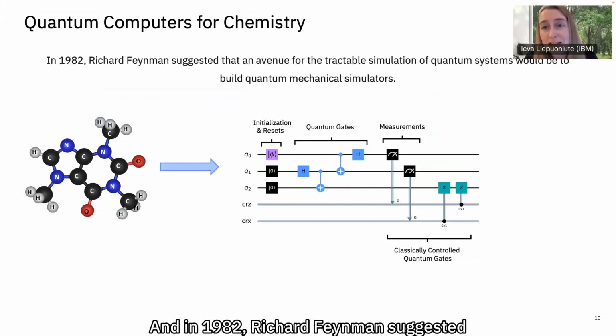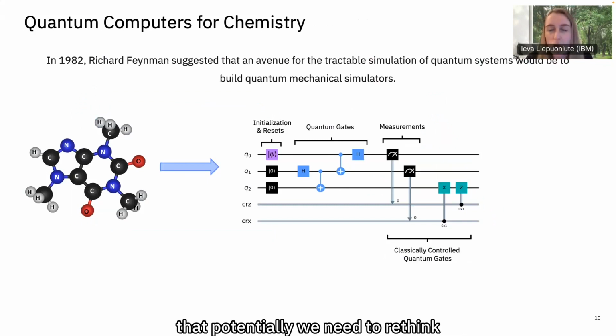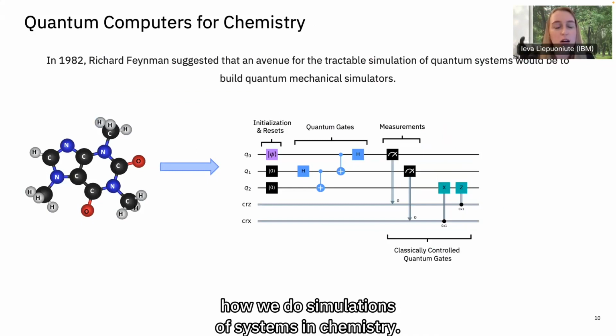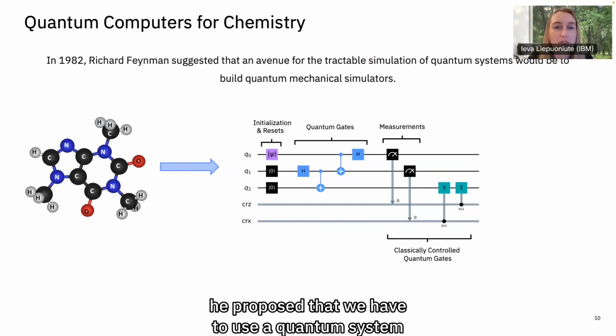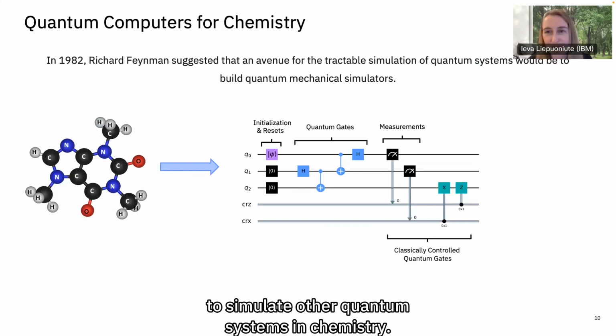And in 1982, Richard Feynman suggested that potentially we need to rethink how we do simulations of systems in chemistry. More particularly, he proposed that we have to use a quantum system to simulate other quantum systems in chemistry.